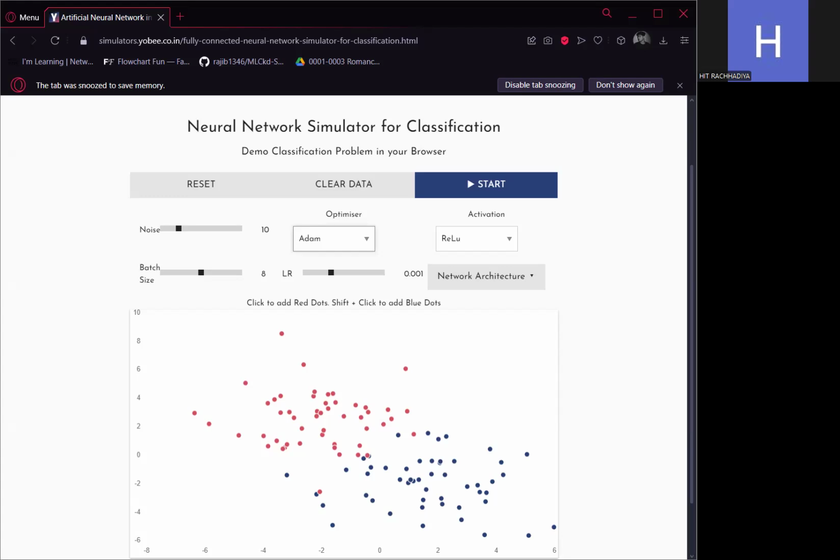And we have another parameter, LR, which stands for learning rate. Learning rate controls the size of the steps the optimizer takes in the parameter space during training.